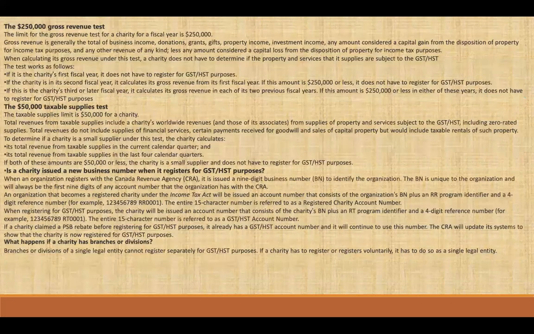Number one is the gross income test, with gross income of 250,000. And number two is the taxable supply test, with 50,000 in taxable supplies. A charity is issued a business number when it registers for GST. When an organization registers with CRA, it is issued a 9-digit business number to identify the organization with CRA.